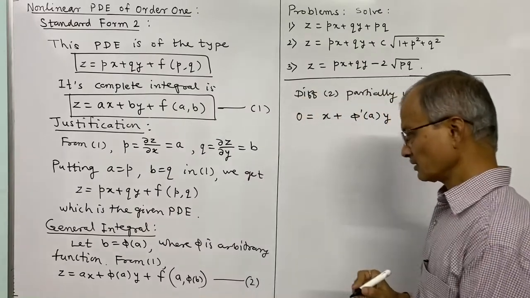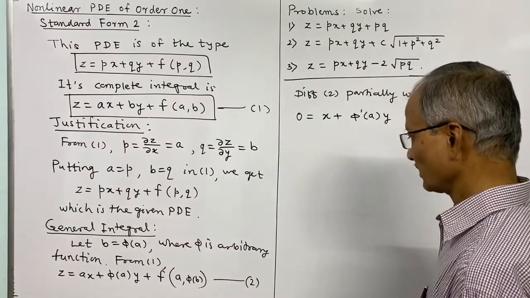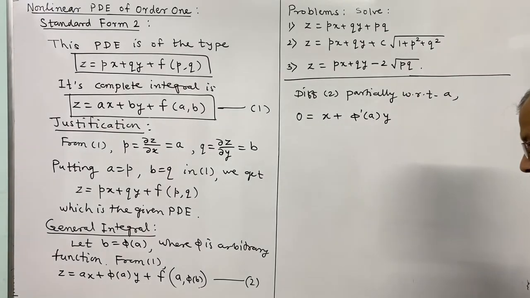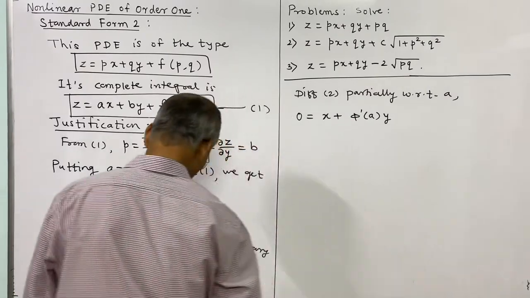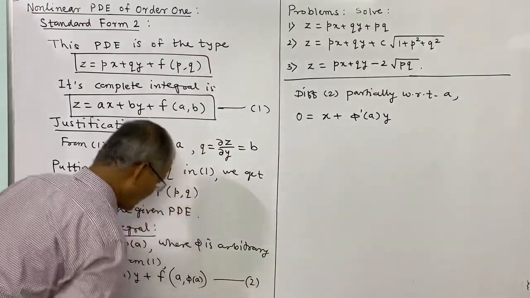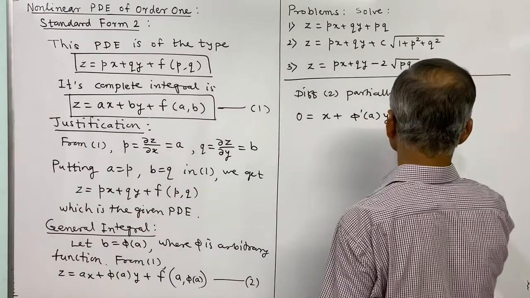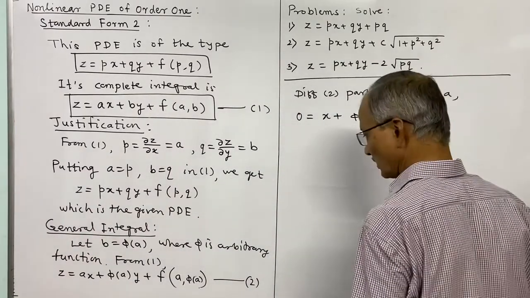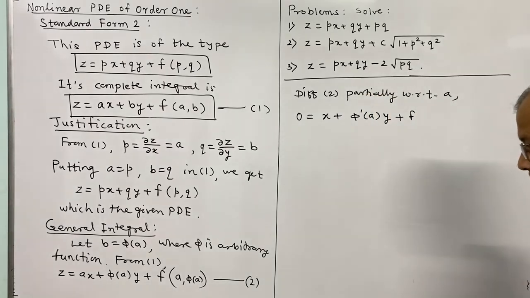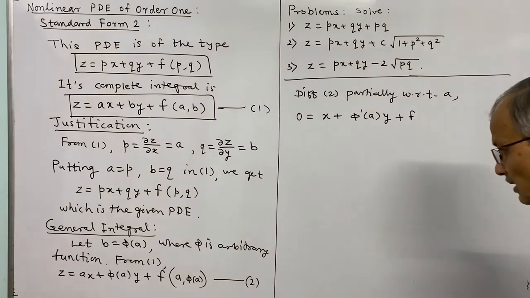Y is to be treated as constant, and plus the derivative of this we should write, that is f dash of a, and this is not phi of b but phi of a, plus that can be written as dou f by dou a. So this is the derivative for second.